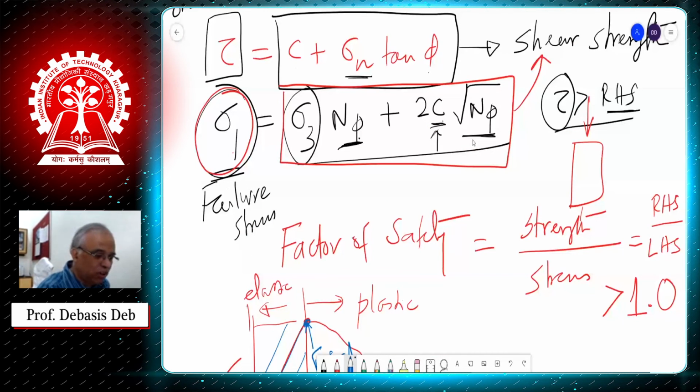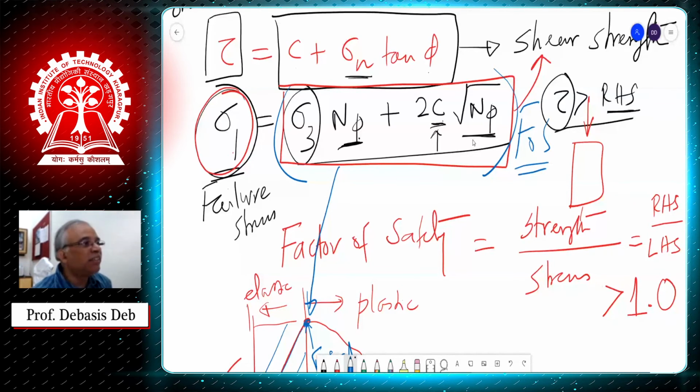That means we are talking about this point. If I multiply this with some factor of safety, and if factor of safety is more than 1, then I am in the elastic side. For the plastic side, we do not talk about it using this equation. But as long as factor of safety is more than 1, we are in the elastic side.